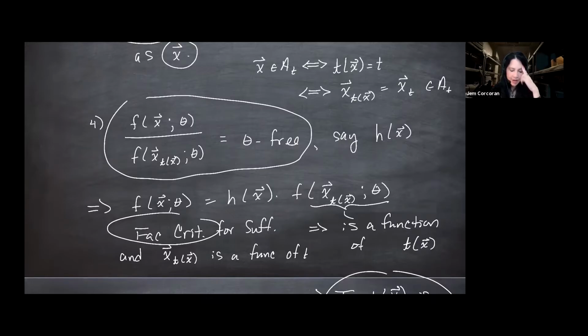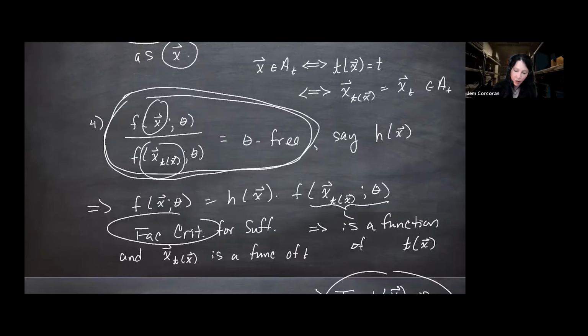But my question right now is, the condition in the criterion says that if this is theta free, then T of this must equal T of, oh, it does. It does. I get it.